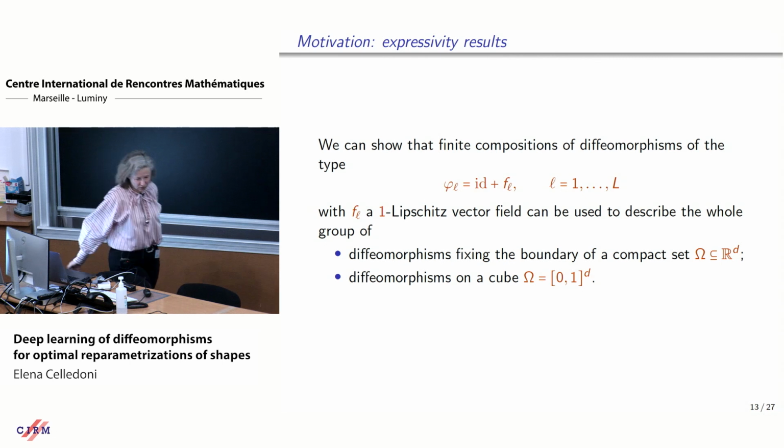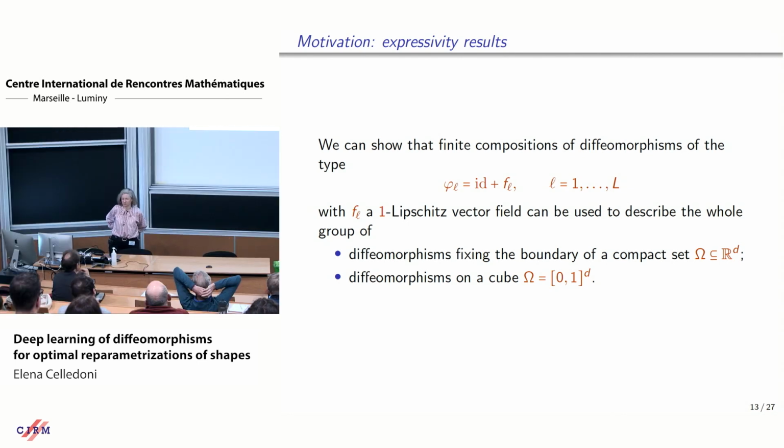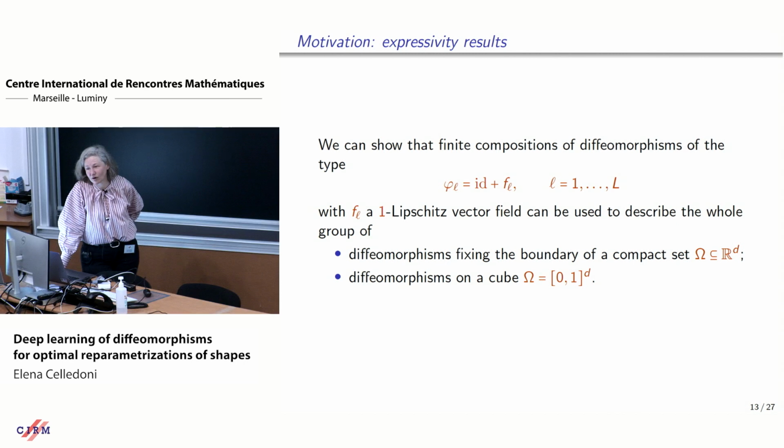I have both surfaces and curves. In fact, I do this for surfaces, because for curves there are many other methods. For example, dynamic programming for curves is okay, but if you go to surfaces, it becomes very complicated and costly.